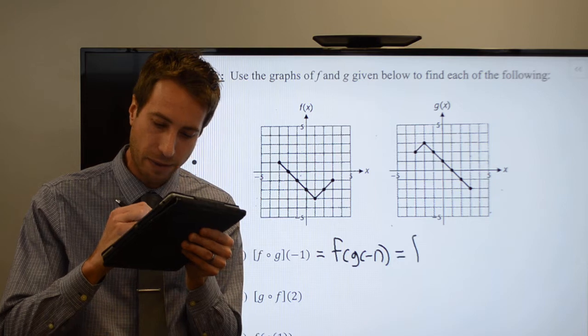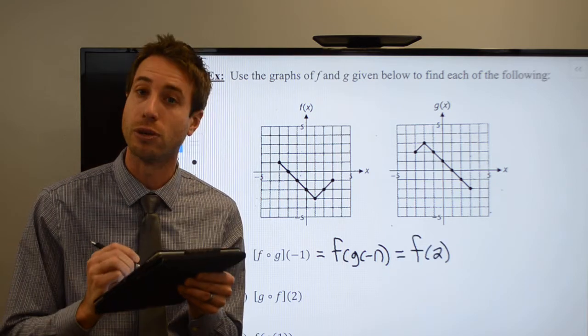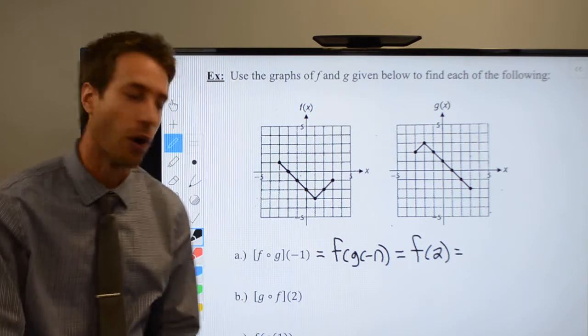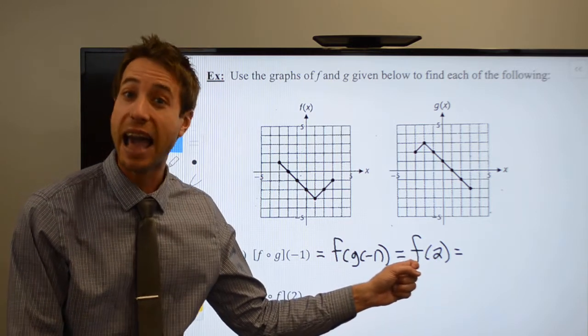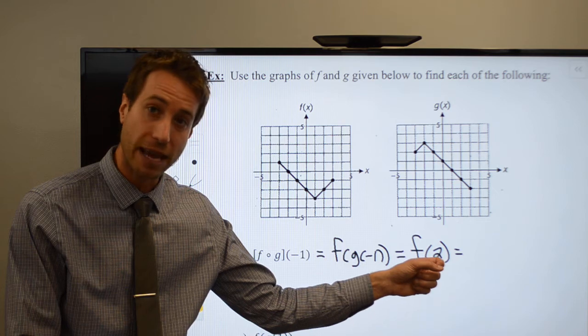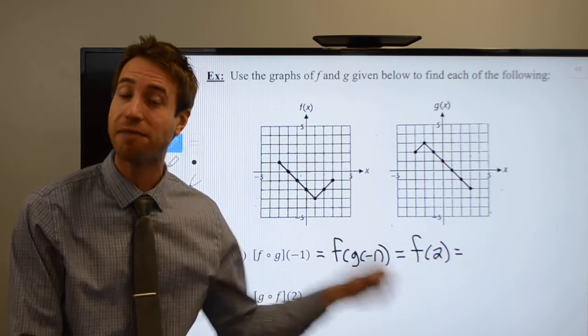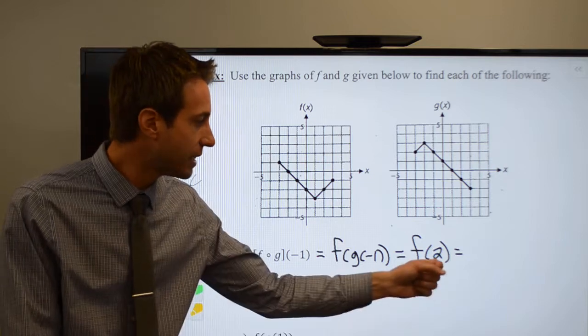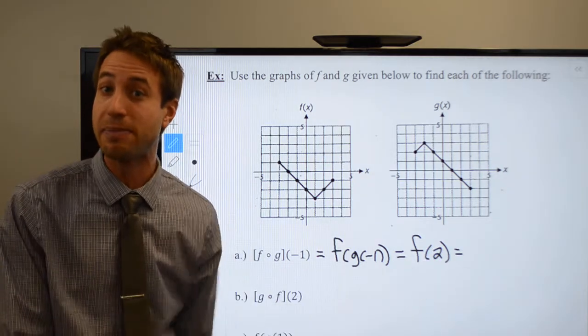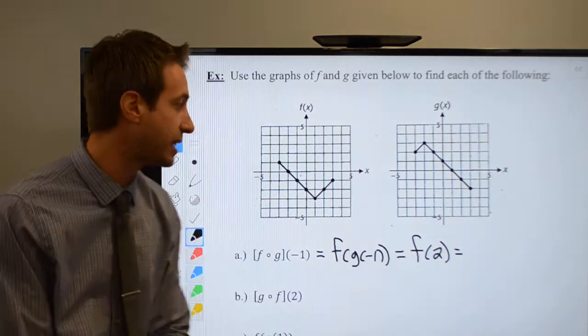So f of +2. Now, I need to take that +2 and plug it into f. This is my new domain value. I'm going to plug this into f, and f is going to give me back my final range value. Well, I need to find +2. Remember, that's going to be my new x. That's what I'm plugging into f.